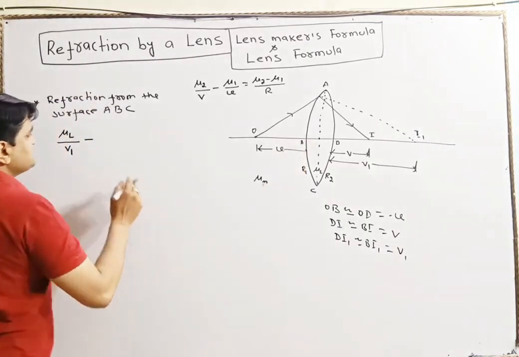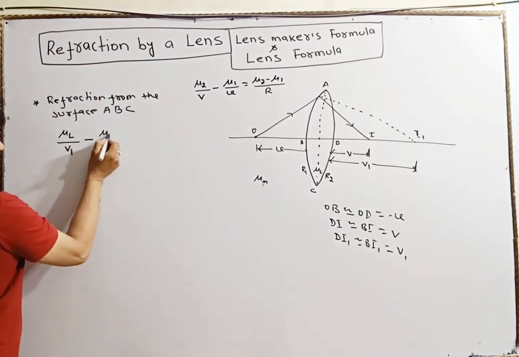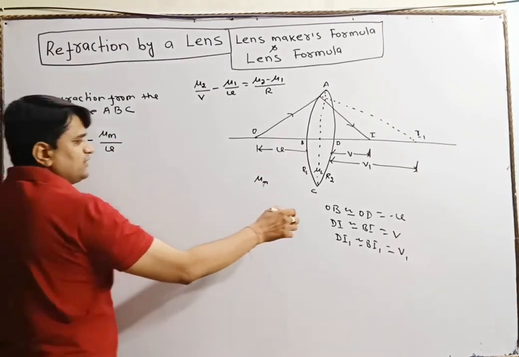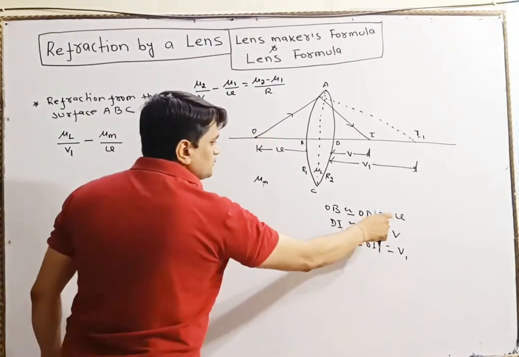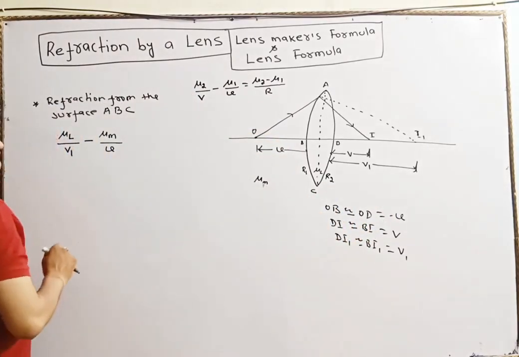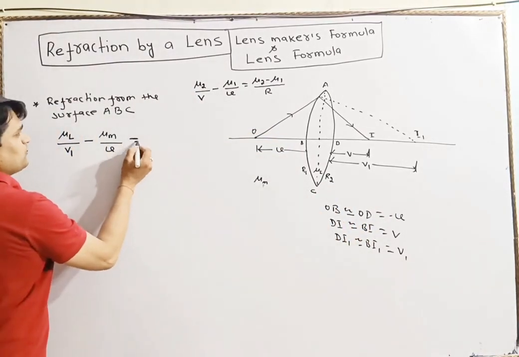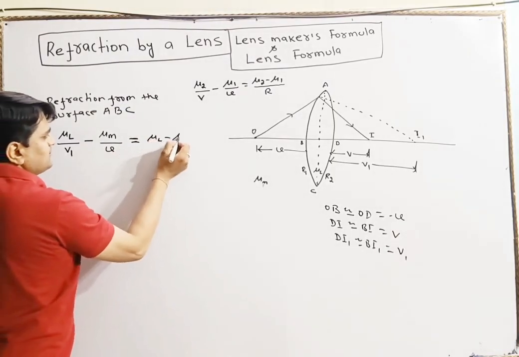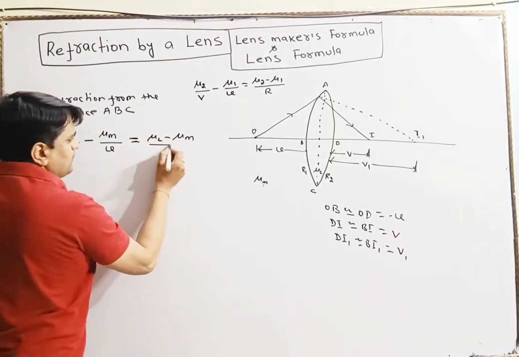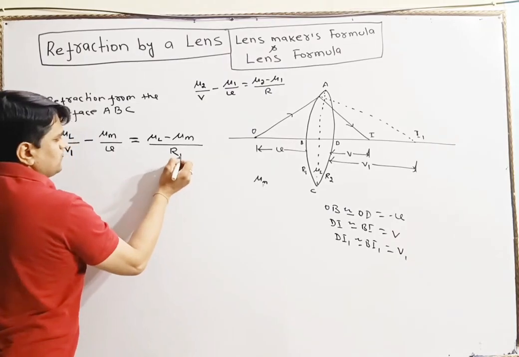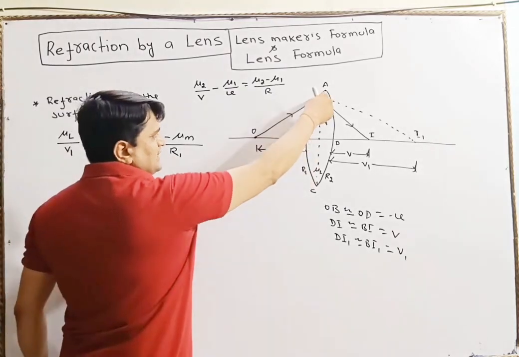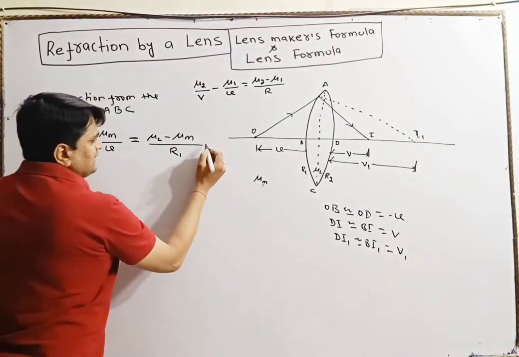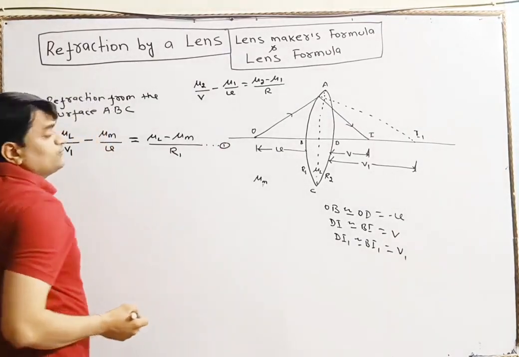The object is OB, which is in mu M, and that is U. I have written OB or OD, that is equal to U. That will be equal to mu2 minus mu1, that is mu L minus mu M upon R1, because the radius of curvature of surface ABC is R1. Let's call this equation number 1.